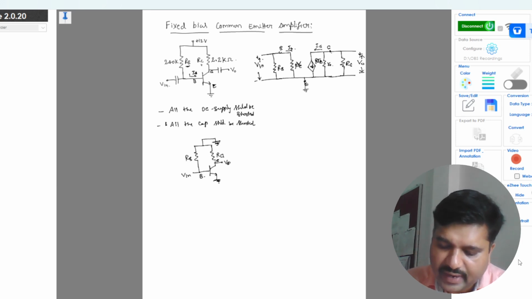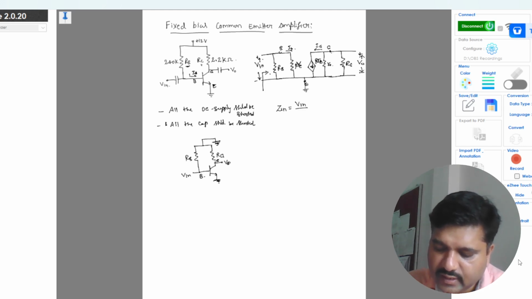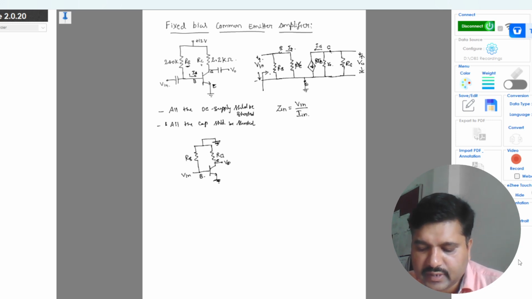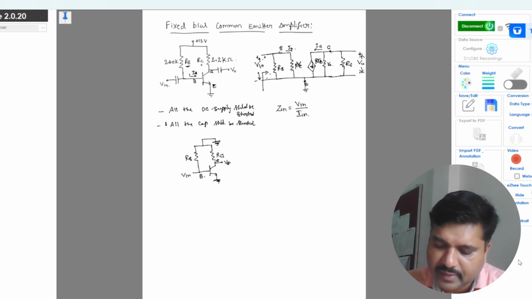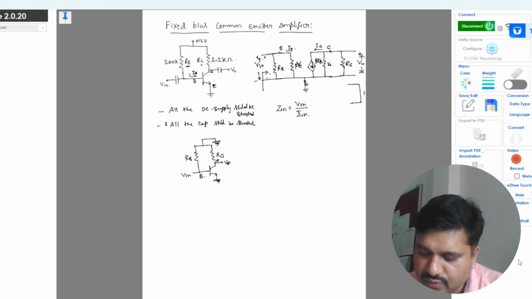Now to find the input impedance Zin: input impedance is with respect to the input voltage and input current. When we look between these two terminals, the procedure is that all voltage sources are shorted and all current sources are opened. The output is shorted, so RC is neglected, and the current source is made open circuit.